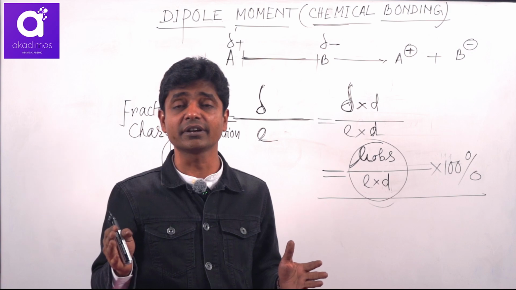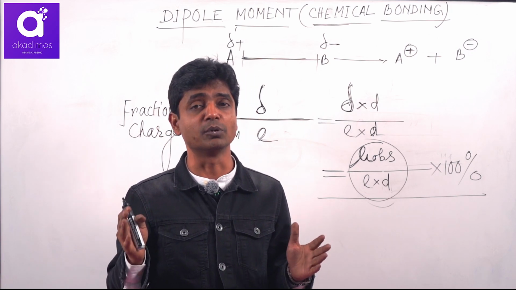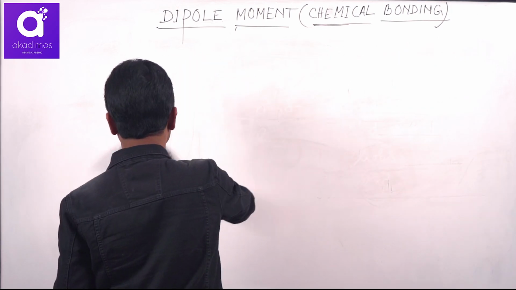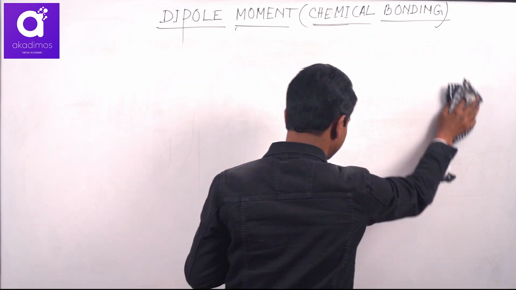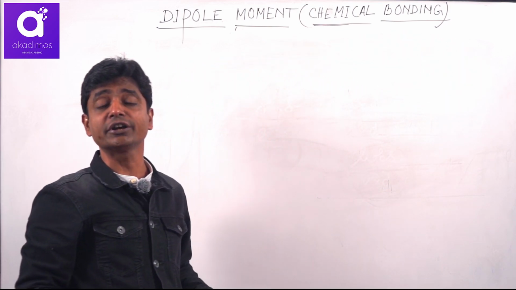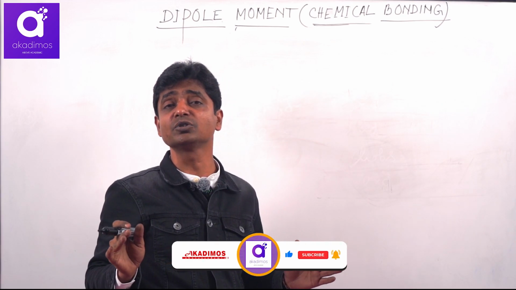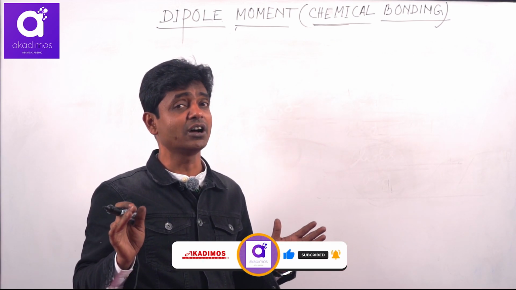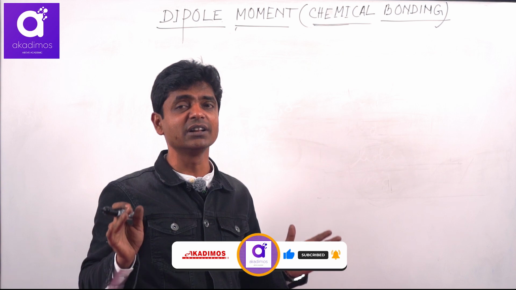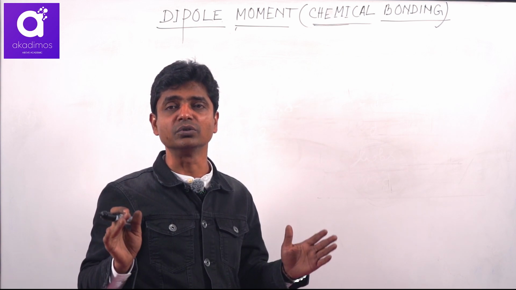What is the important application of dipole moment measurement? From the dipole moment of a bond, you will get an idea about the molecular moment. To get the molecular moment, you have to know the structure of the molecule and the actual shape of the molecule.